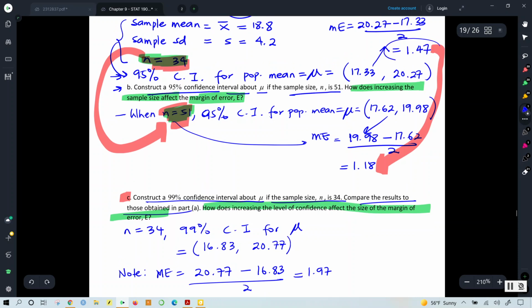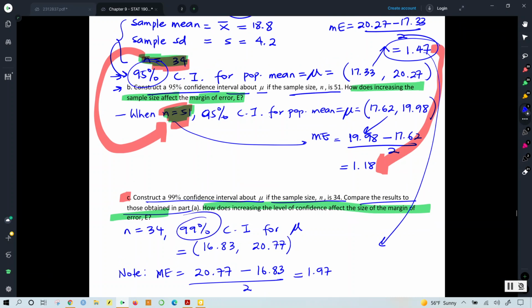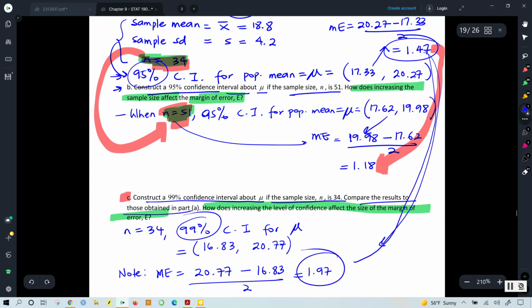So from part A, when the confidence level was 95%, to part C, when the confidence level is now 99%, what we see is that the margin of error has increased. In other words, the more you increase your confidence level, there is a trade-off. You lose precision. So the margin of error increases as the confidence level also increases.